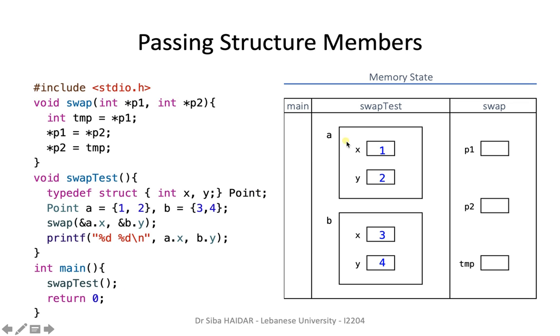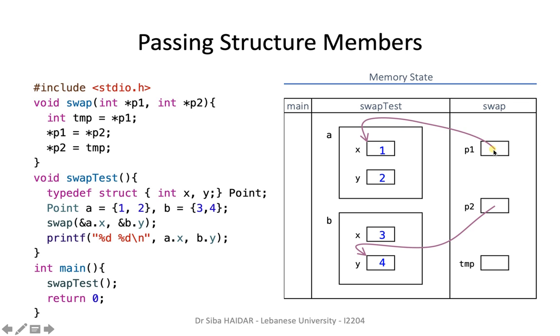I have my variables a and b initialized to 1, 2, 3, 4, and I will now call swap, and as you know, the call must match the function definition, and this is exactly like an assignment. So we are assigning int star p1 to the address of a.x and not the address of a.